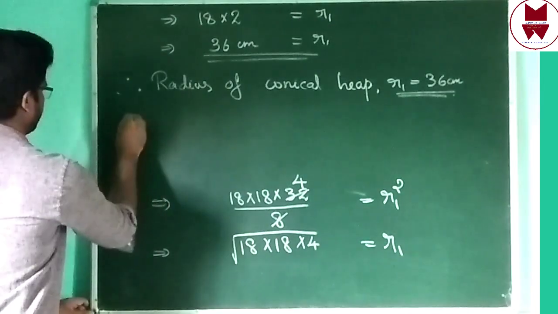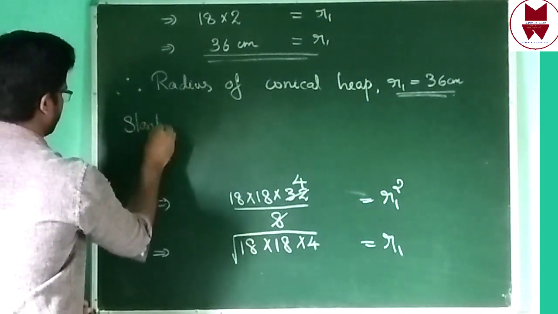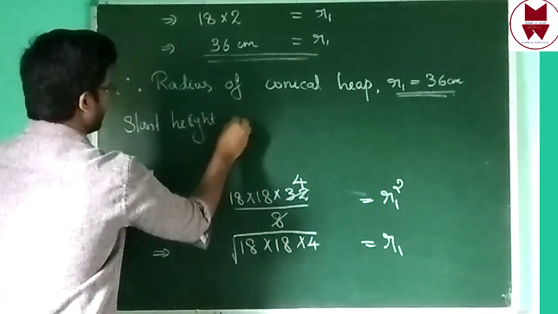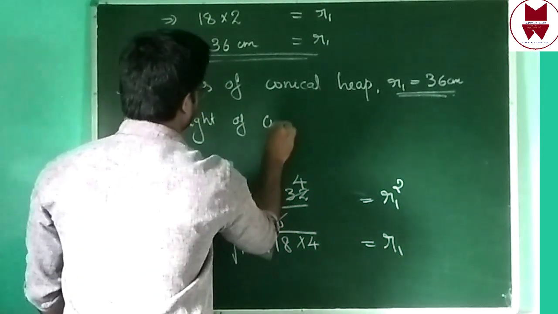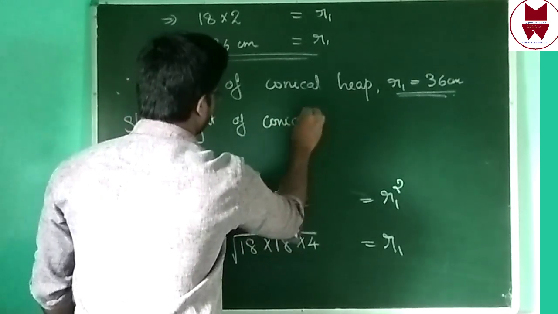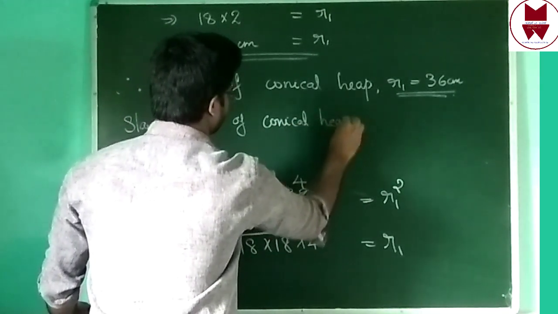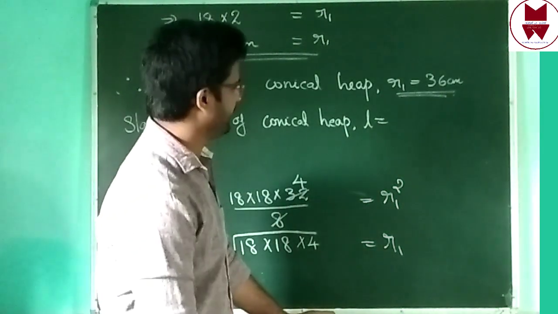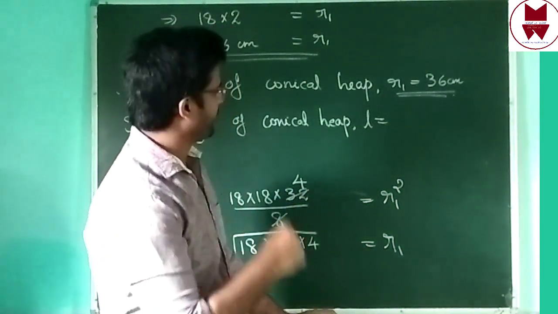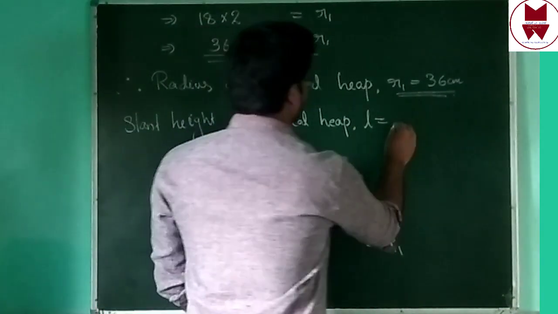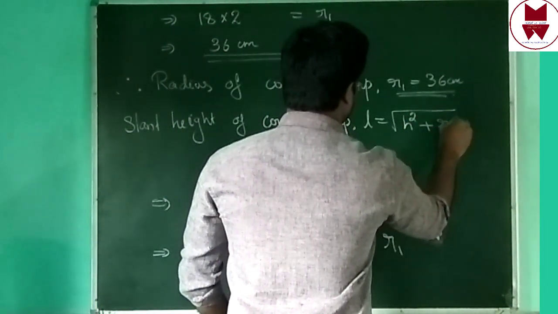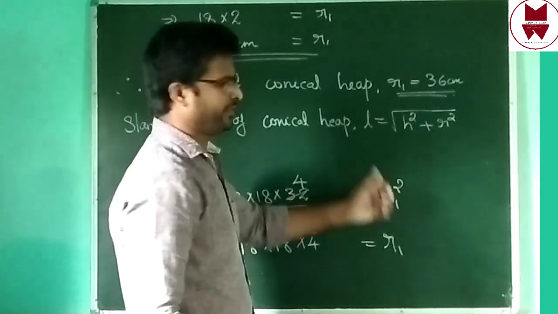Slant height of conical heap, L equal to slant height. Normally we use L. The formula we have studied is square root of h square plus r square. This is the slant height formula.